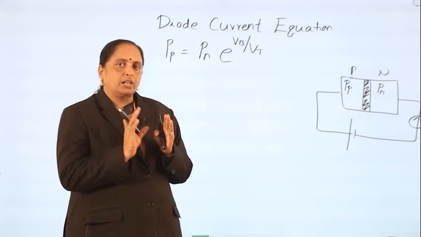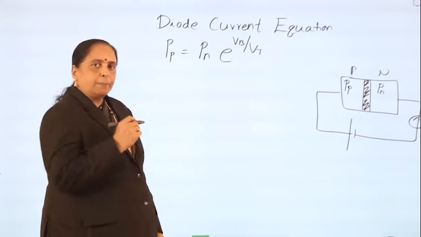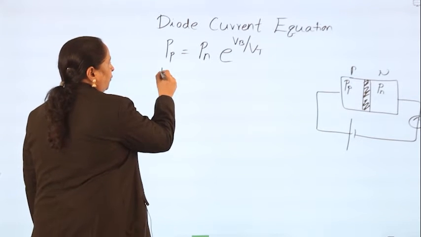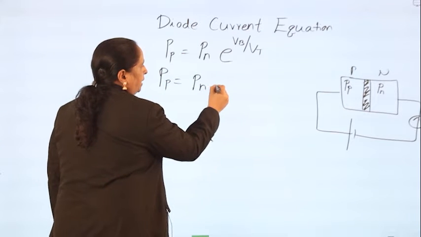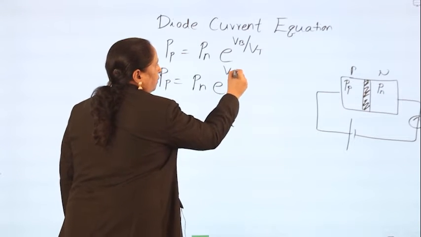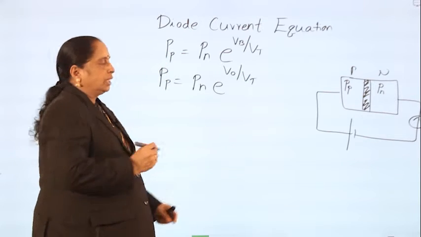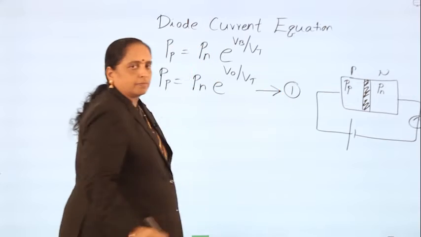Here we are talking about the hole concentration. When a PN junction diode is open circuited, we can rewrite this formula as Pp equals Pn into e to the power of V naught by Vt. We can consider this as equation number 1.